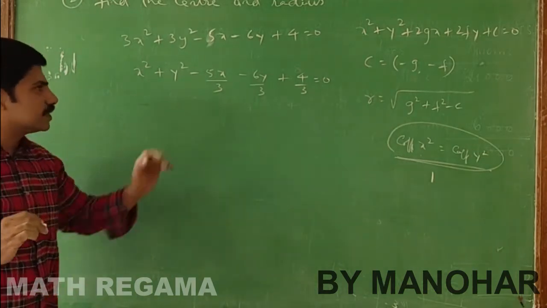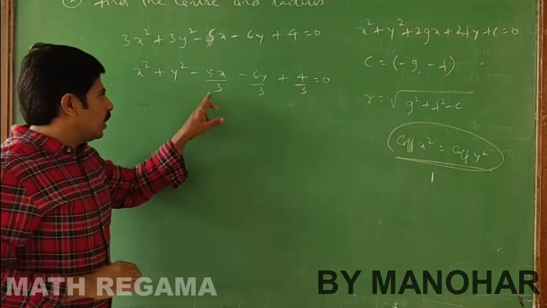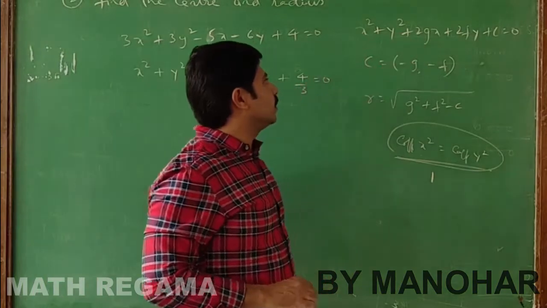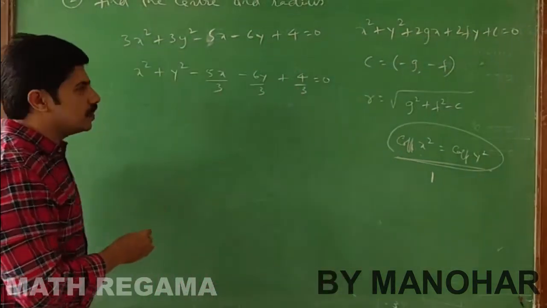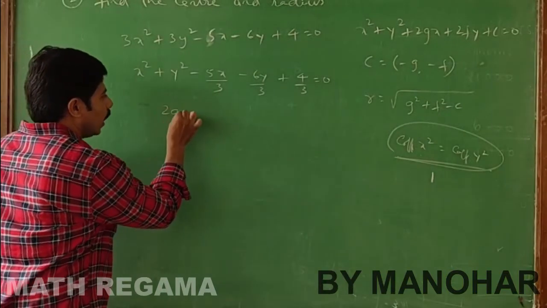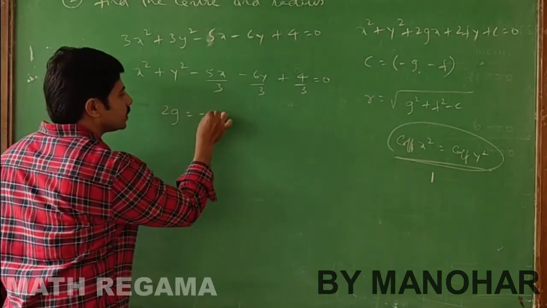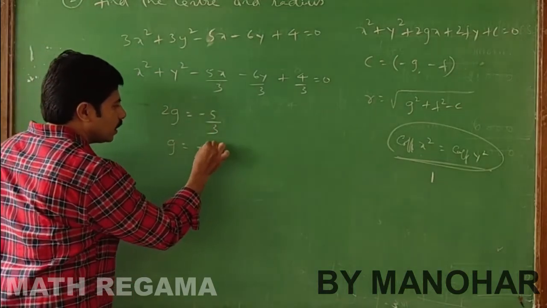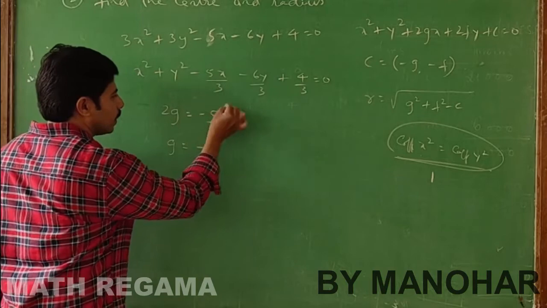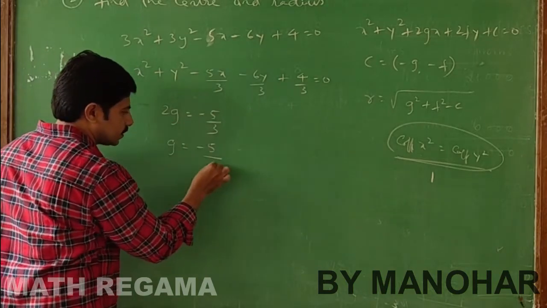Now after dividing, we compare this equation with the general equation. The coefficient of x in the general equation is 2g, and here the coefficient of x is minus 5 by 3. So the g value will be minus 5 by 6.